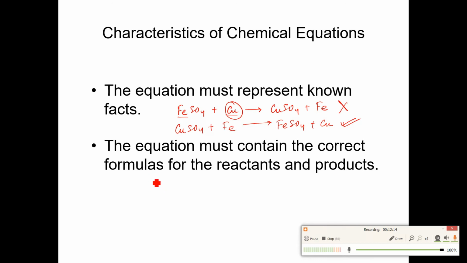Like if we say sodium oxide, someone may write different formulae, but they all contain sodium and oxygen, while the correct formula is Na2O. If NaO or NaO2 is written for sodium oxide, this will create a wrong impression and the equation will never be correct and can never be balanced.